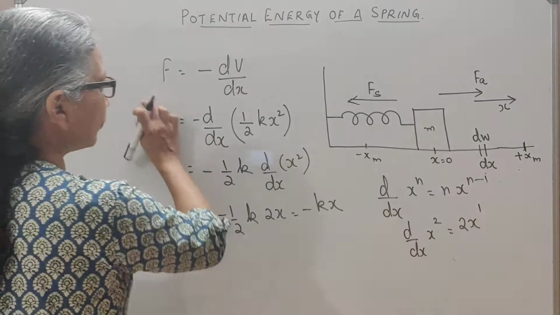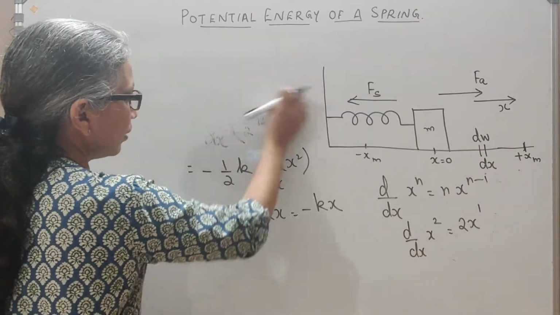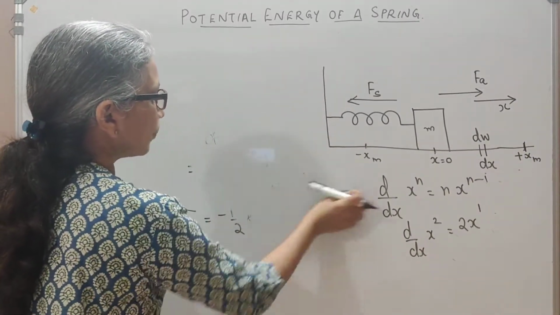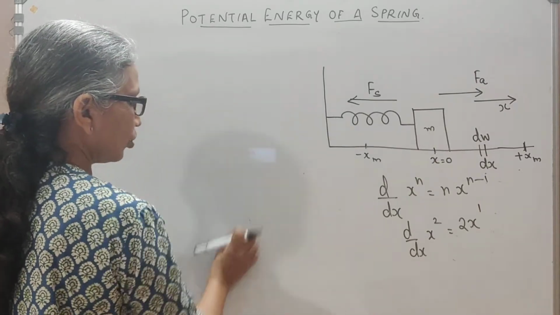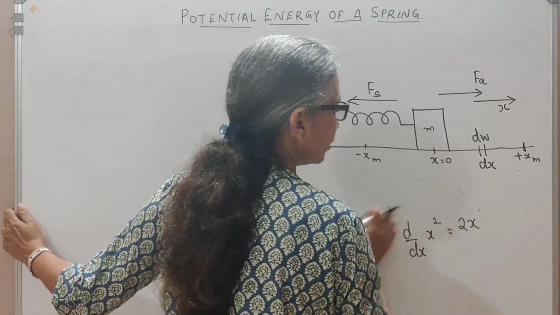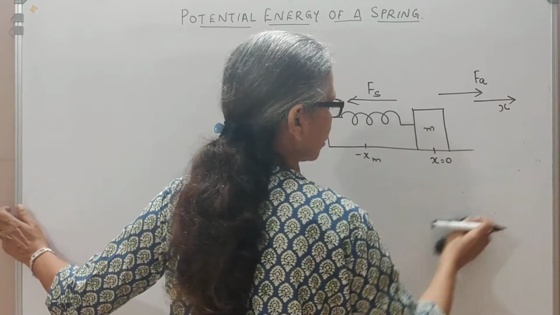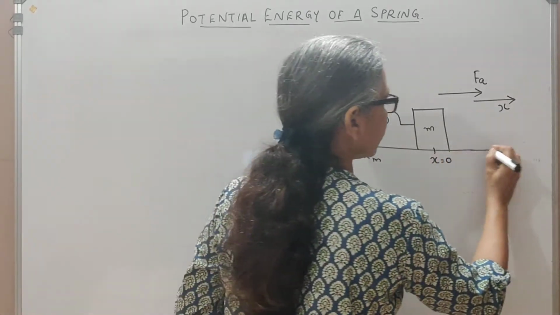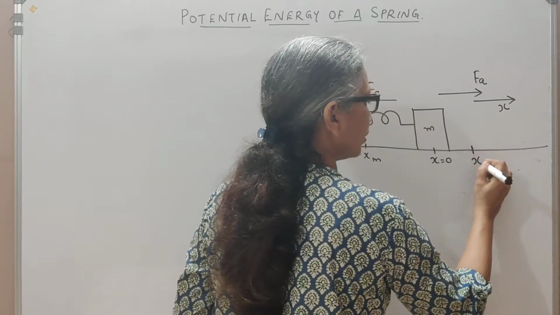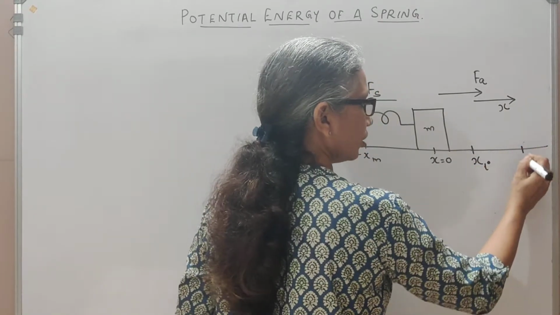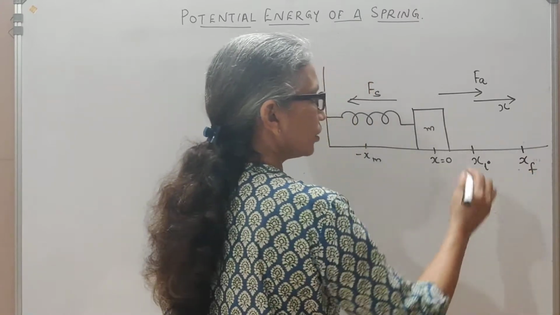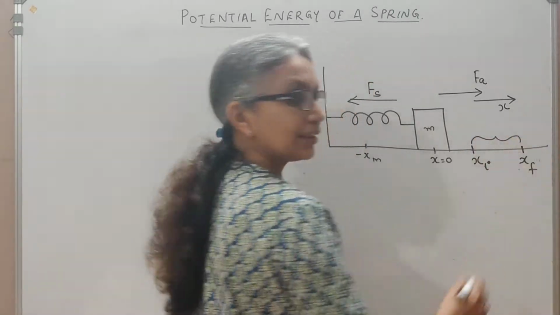Now the second property we discussed about conservative forces is that they are path independent. The work done does not depend on the path taken; it depends only on the initial and final position. So let's imagine that we are now going to move the block from xi to xf. I'm going to find the work done in this interval.